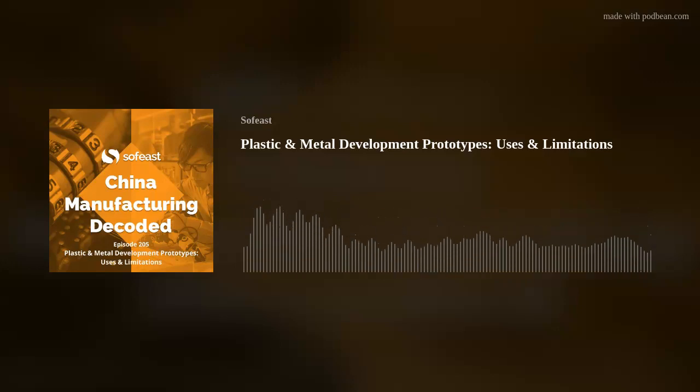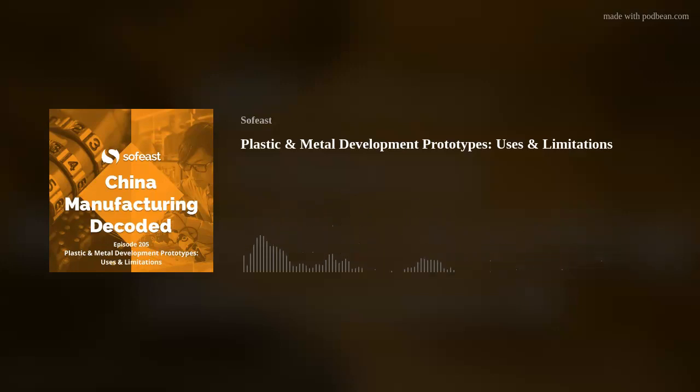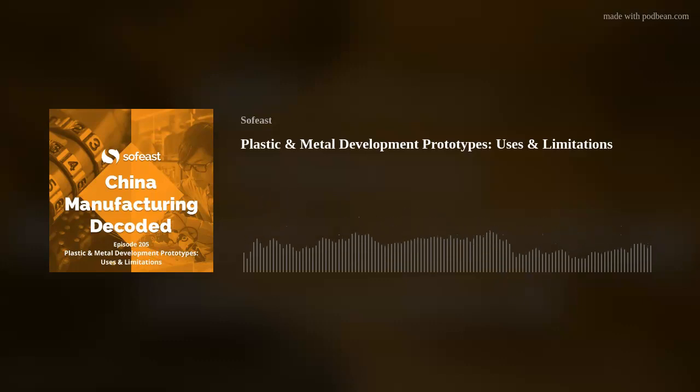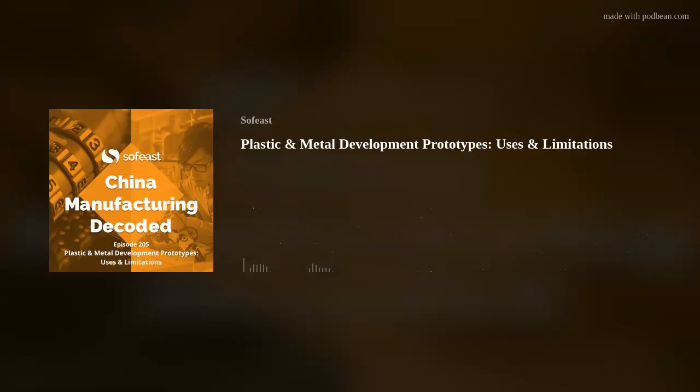Now, I did mention earlier that prototype methods like 3D printing and CNC machining are typically slower and therefore more expensive. The larger the quantities, the mass production methods, the cheaper the products will be. All right, you've got the upfront cost of the tooling and stuff like this, but ultimately your part cost is going to be a lot less than your prototype process itself, for sure.